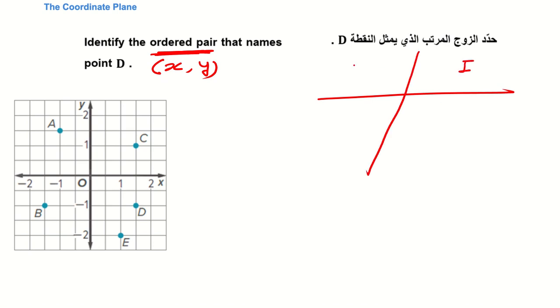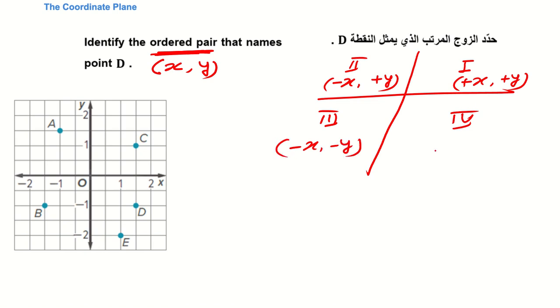This is called quadrant 1, this is quadrant 2, this is quadrant 3, and this is quadrant 4. In the first quadrant, x is positive and y is also positive. In the second quadrant, x is negative and y is positive. In the third quadrant, both are negative. And in the fourth quadrant, x is positive but y is negative. Okay, this is just additional information I have given you. And every time you just count from 0.